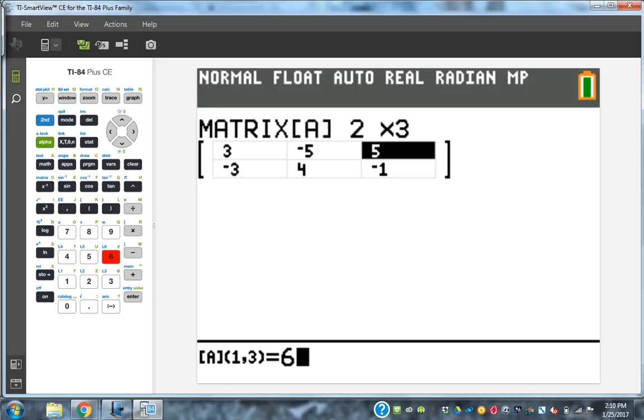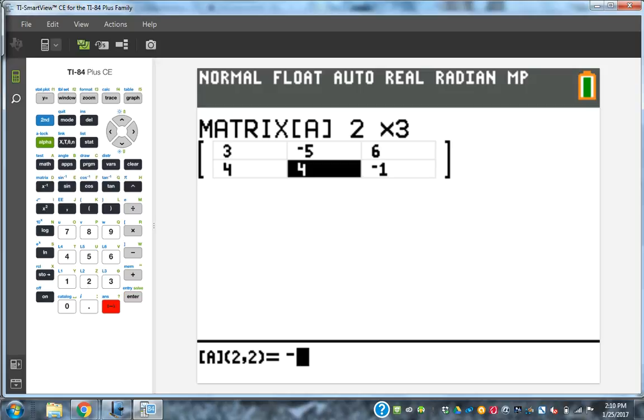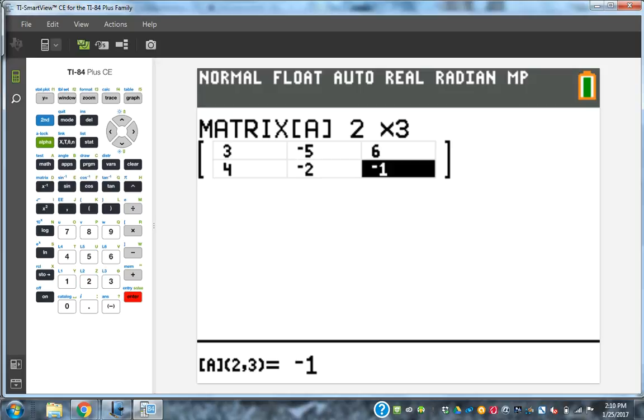And then 6, and hit enter, and it moves to the next row. 4, negative 2, and 11. Okay, so we've entered matrix A. Everybody got that in? I don't want to run off and leave anybody on this first one.